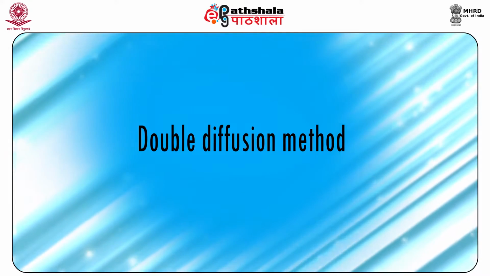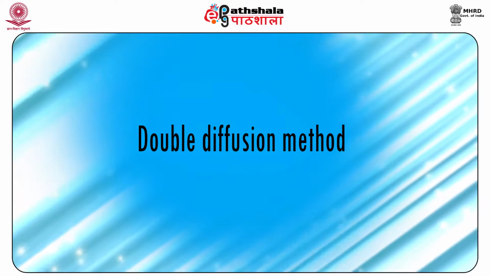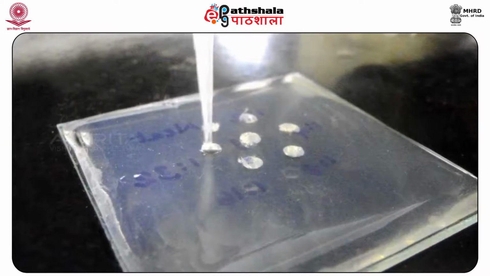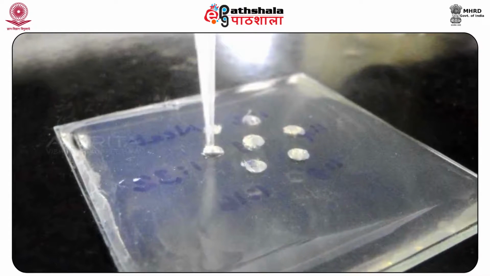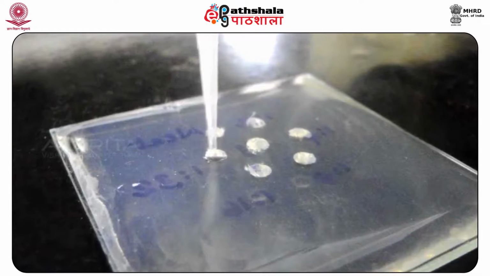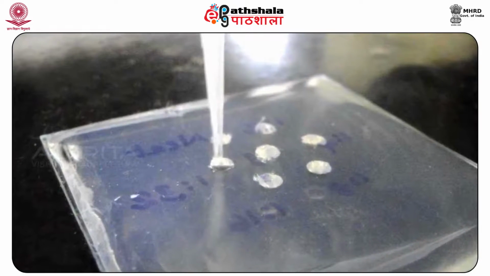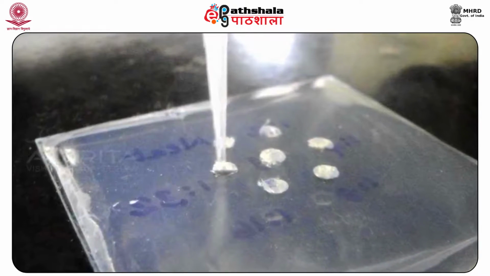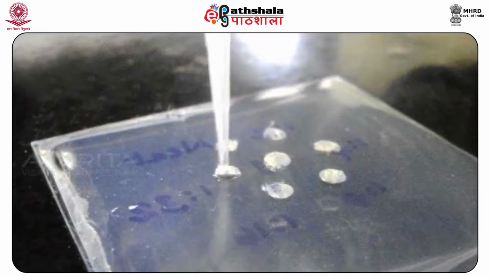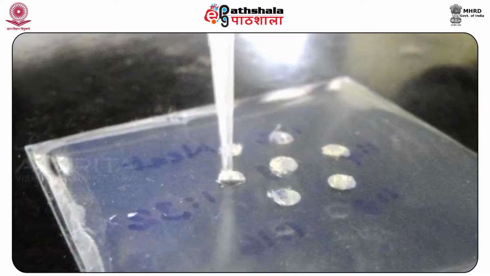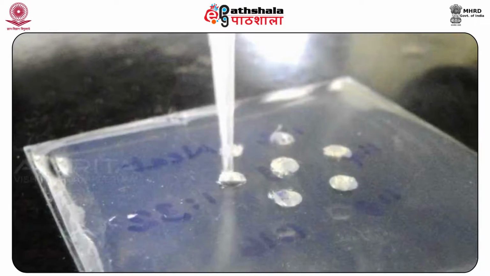Now next is the double diffusion method. In this method, both the reactants, the antigen and antibody, diffuse towards each other in an agar gel plate, and when an antigen combines with its specific antibody at optimum proportion, precipitin is formed.